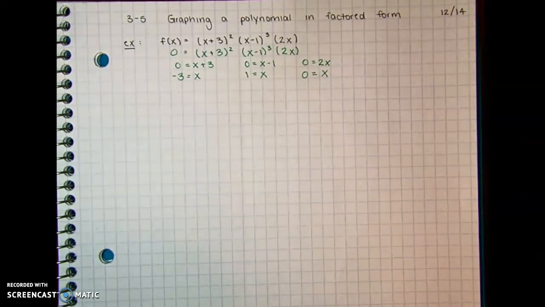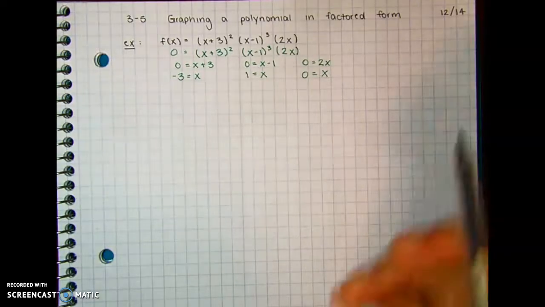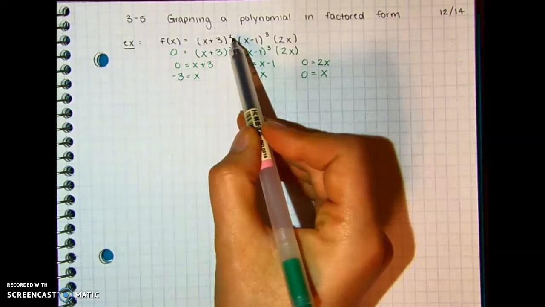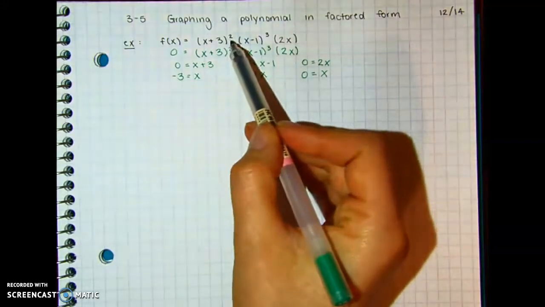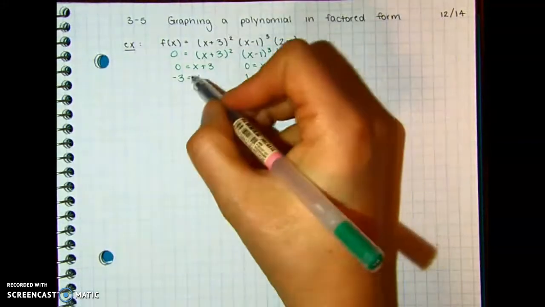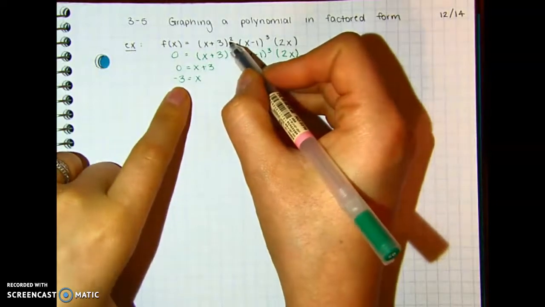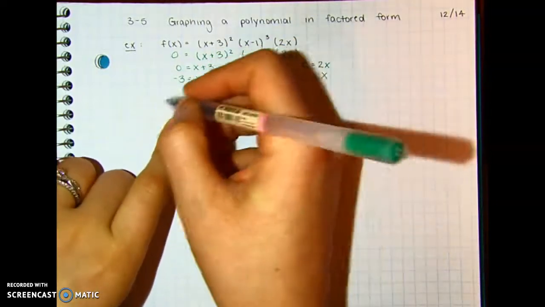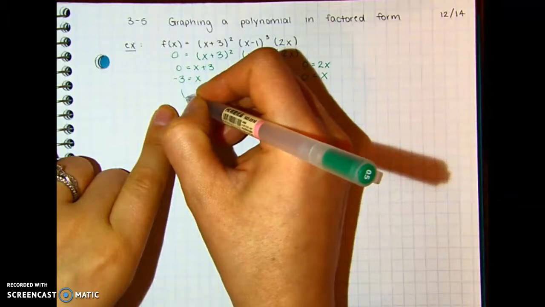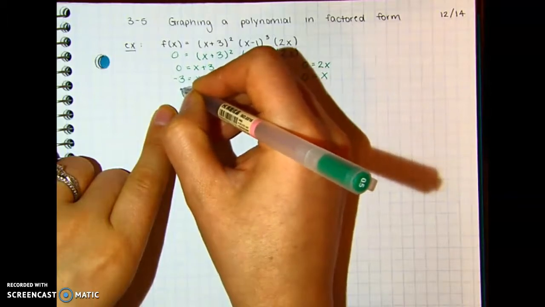So the next thing we want to do is determine how it's going to intersect the graph. Remember, this is where you look at the exponent. Because the exponent of the factor for negative 3 is 2, and 2 is even, think of a quadratic, this is going to intersect by bouncing off.